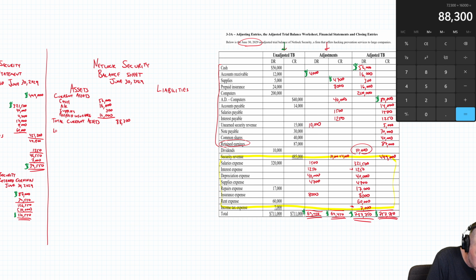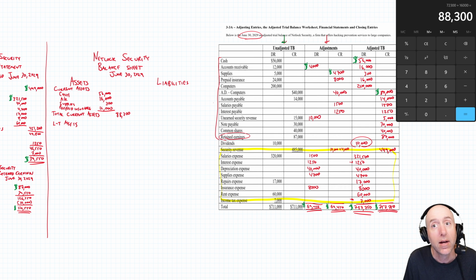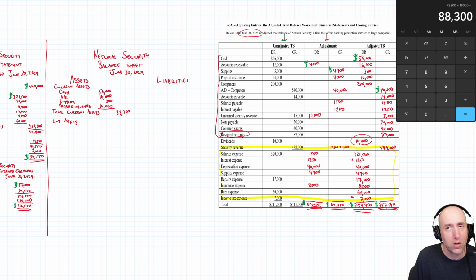Onto our long-term assets, PPE. And we just have the one item, and it's computers, but there's AD on those computers. And remember, we're using the adjusted, not the unadjusted amount. So it's 200,000 of computers with 80,000 of accumulated depreciation. So what do we think our computers are worth? 200 minus 80. We think they're worth 120. So that's how we list them.